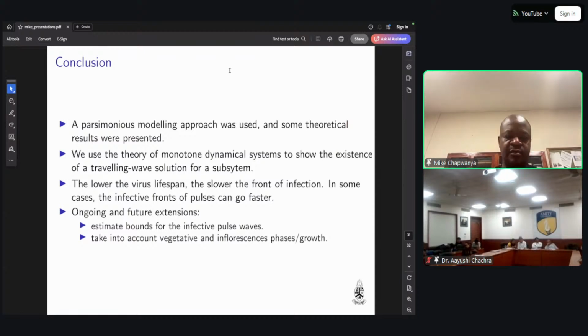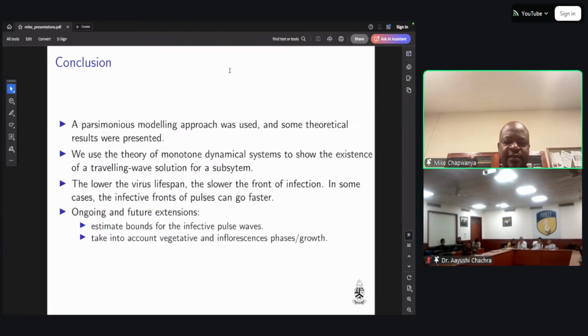So I'll give the conclusions. For plants, it's difficult because there is so much happening in plants, there are so many aphids that can carry the same disease, and also several diseases can be carried by one aphid.